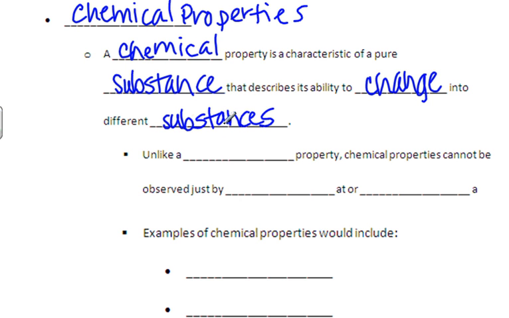Okay, so unlike a physical property, chemical properties can't be observed just by looking. So they can't be observed just by looking at or touching a substance.